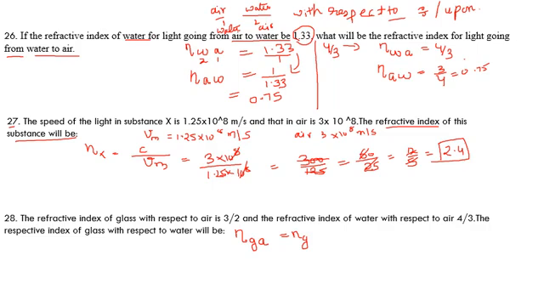Wherever the first medium is air, okay, that type of refractive index can be said to be absolute refractive index. Or when light is going from vacuum to another medium, then the value of refractive index is called the absolute refractive index, okay, and which is nothing but 3 upon 2.